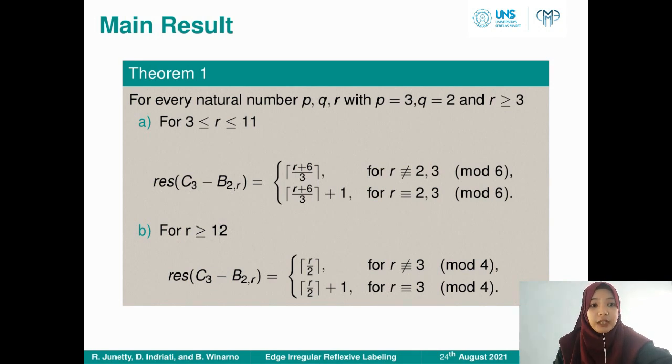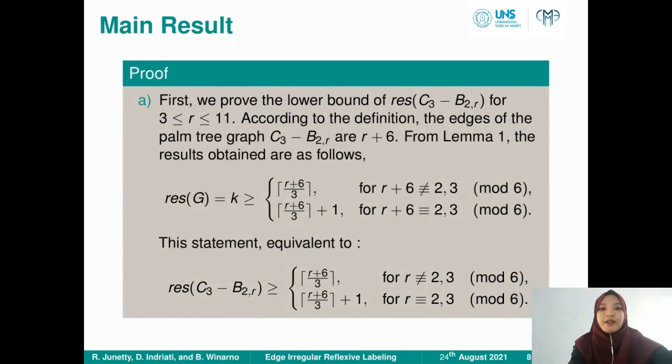And in point B, for r greater than 12, the formula of res(C3b2r) equal the ceiling of r per 2 for r not equivalent to 3 in modulo 4, and the ceiling of r per 2 plus 1 for r equivalent to 3 in modulo 4. Okay, now we prove theorem 1.